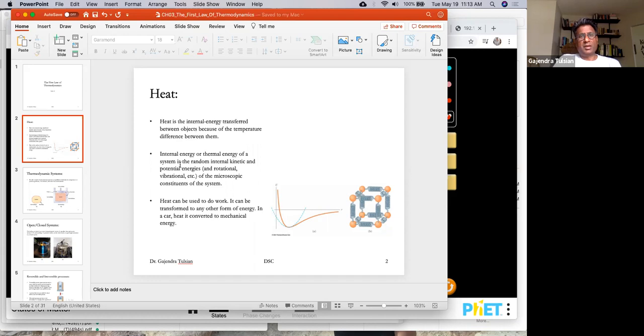So the internal or thermal energy of the system is the random internal kinetic and potential energies of the microscopic constituents of the matter. Rotational and vibrational energies and electronic excitations are involved as well, but we will keep things simple here. So internal energy is the energy of all the atoms and molecules put together.